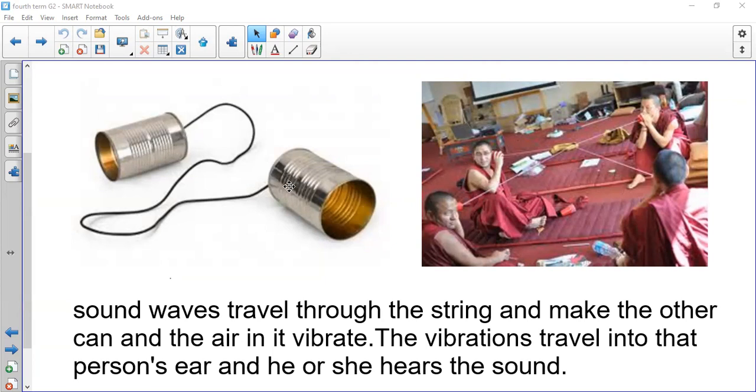The sound can travel through the string that connects these two cans. So the sound will travel from here and go to the other one. Once it goes to the other can, the air inside this can will vibrate. Once it vibrates, you will hear a sound.